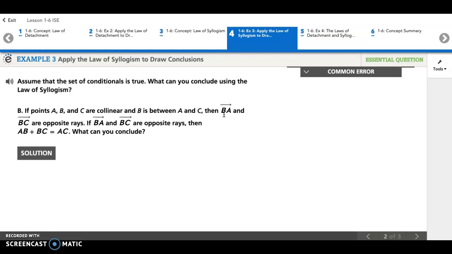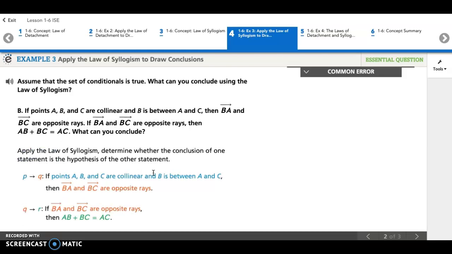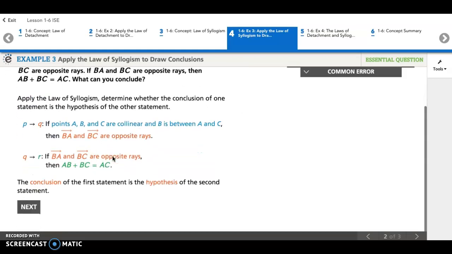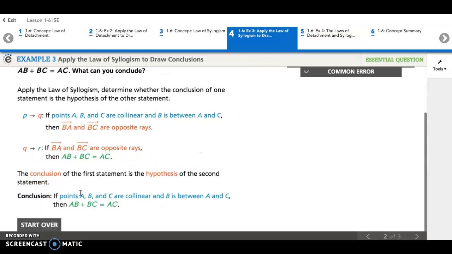There's a phrase that's used as the conclusion of the first one, and then again as the hypothesis of the second one. So to apply the law of syllogism, we recognize that fact, and so we say, if points A, B, and C are collinear and B is between A and C, then AB plus BC equals AC.